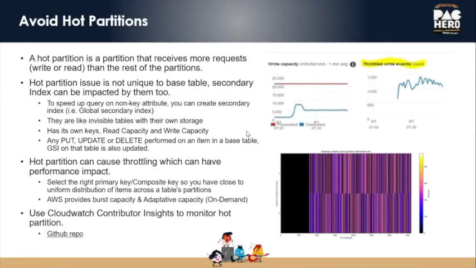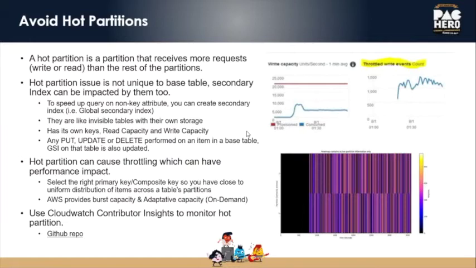And with that limitation that I was mentioning earlier, 10 GB and 3000 read and 1000 write, they come into play. You might hit a limit at the partition level where you're trying to request more items and you're reaching that limit, and therefore DynamoDB is throttling your request. And that's what a hot partition is.